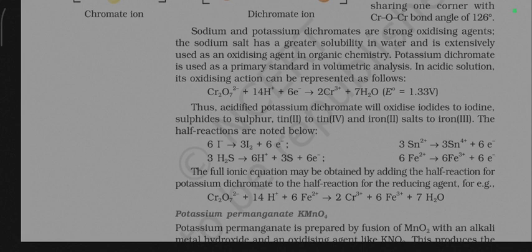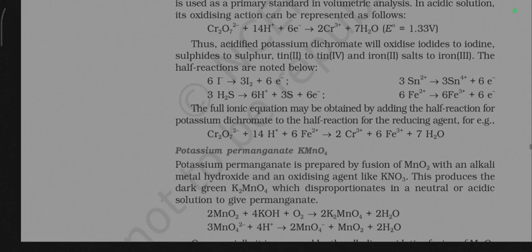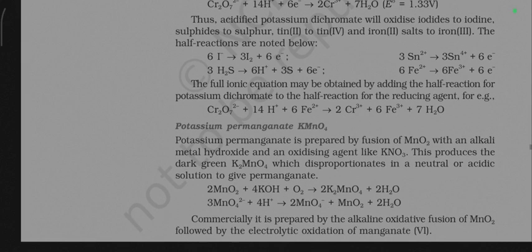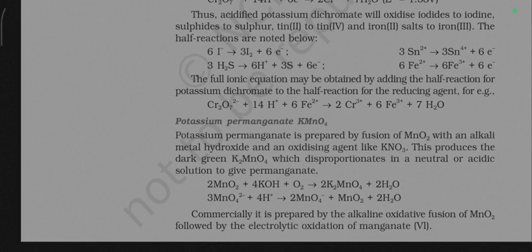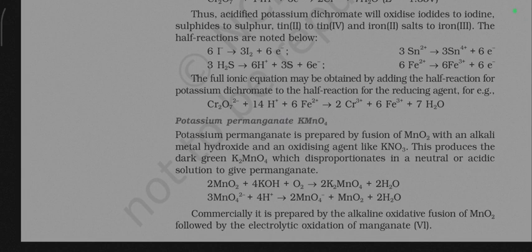Thus, acidified potassium dichromate will oxidize iodides to iodine, sulfides to sulfur, tin(II) to tin(IV), and iron(II) salts to iron(III). The half reactions are noted below. 6I- gives 3I2 plus 6 electrons. 3H2S gives 6H+ plus 3S plus 6 electrons.